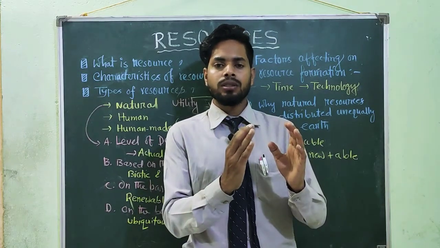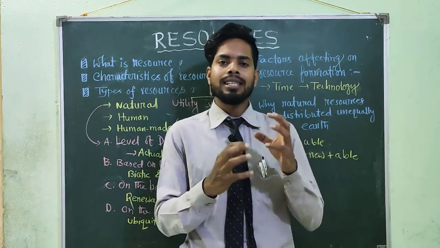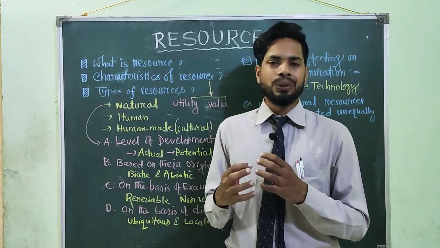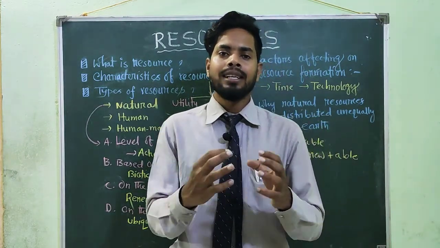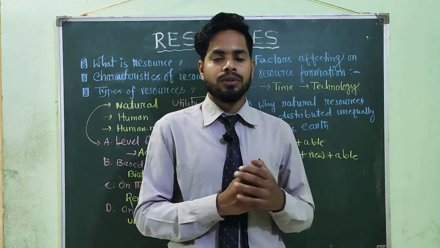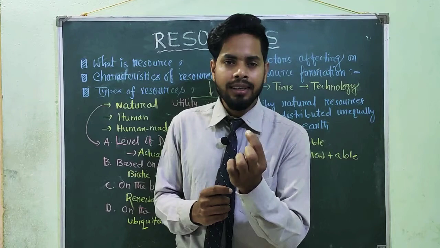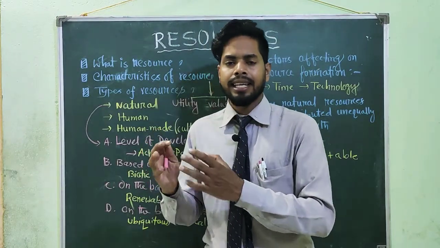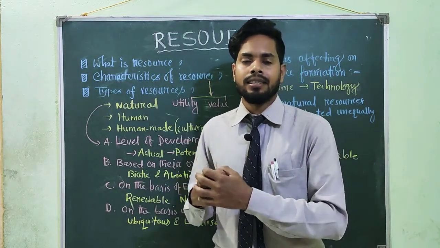Actual resources are also known as developed resources. So what is an actual resource? Actual resources are those resources whose quality and quantity we already know, and their utilization has been started.